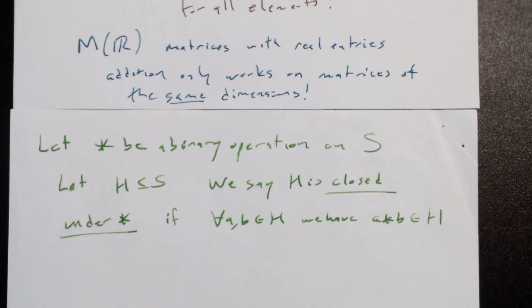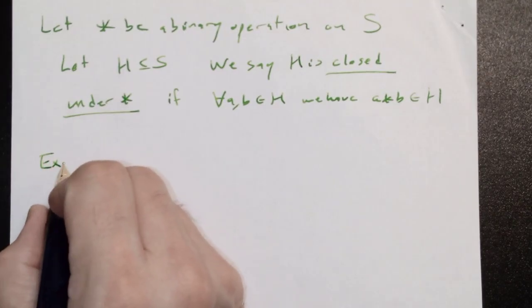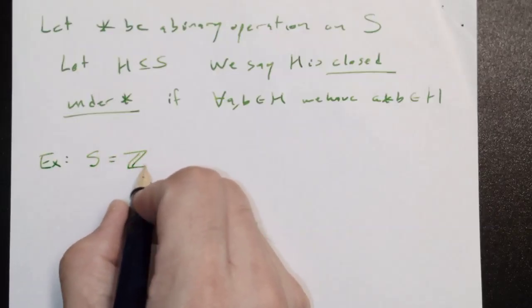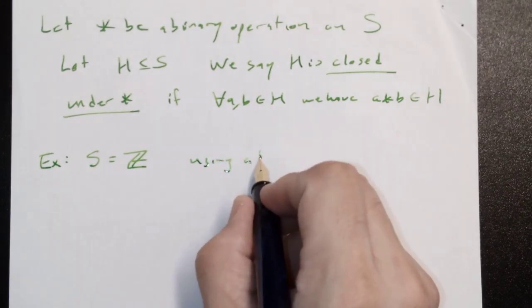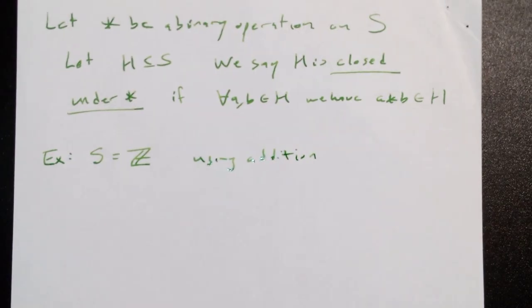I'm going to pick a nice, easy operation. Addition on the integers. Now let's pick a subset of the integers.